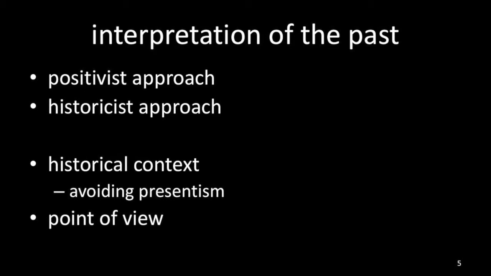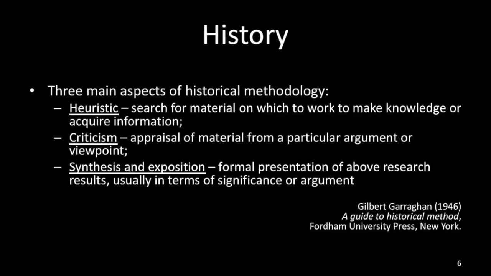From all that, we might draw this together by saying that there might be three main aspects of a historical methodology, drawing on the work of Gilbert Garrigan from back in the 1940s. Three aspects, the first being heuristic, that is a hands-on or interactive approach to searching for information, and it's going to be interactive in that its sources are going to be found.